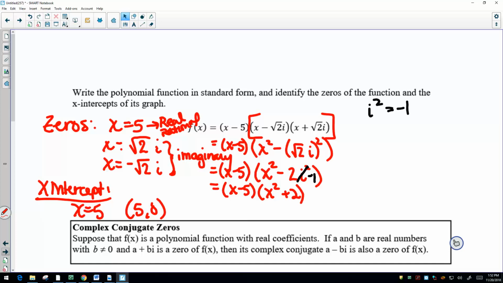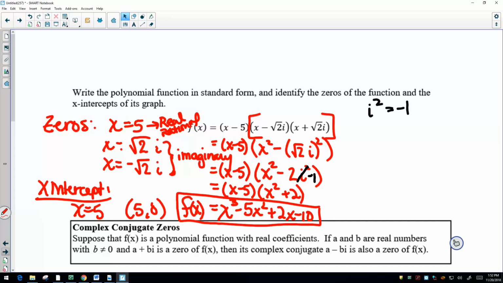Expanding this a little bit more and simplifying, we are going to find in standard form the function x cubed minus 5x squared plus 2x minus 10. So here's standard form. We have 3 zeros. We see that 1 is a real zero at x equals 5.